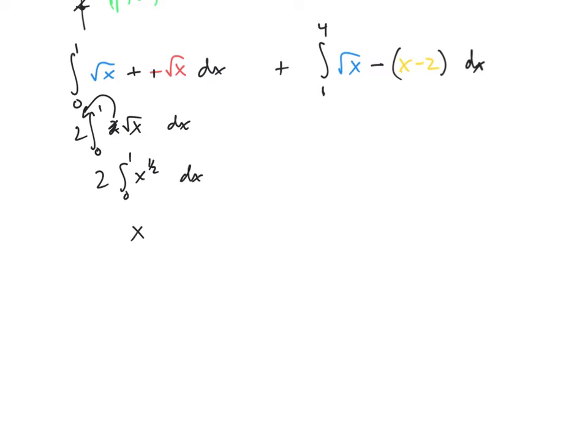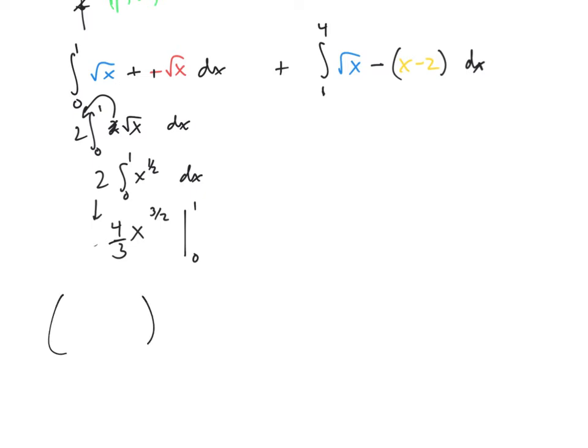And now I'm about ready to do my integral. So x to the 3/2 over 3/2, which is times 2/3, and the original 2 out front. And I'm going to evaluate that from 0 to 1. For the sake of tightening things up a tad, let's make that 4/3 x to the 3/2, evaluated from 0 to 1.